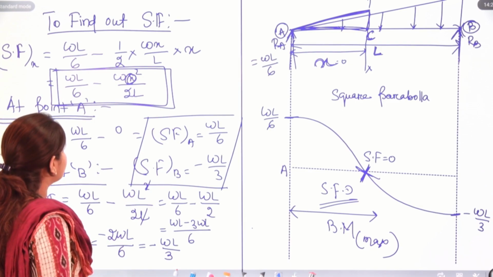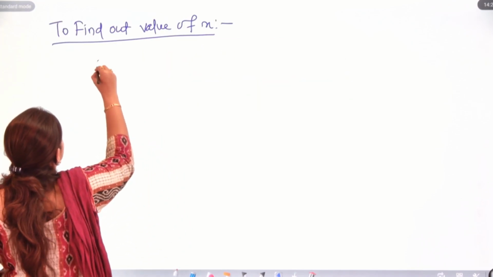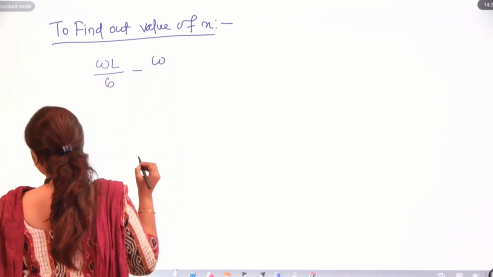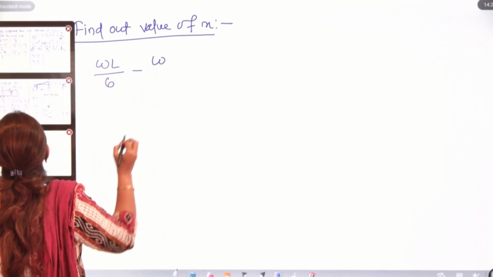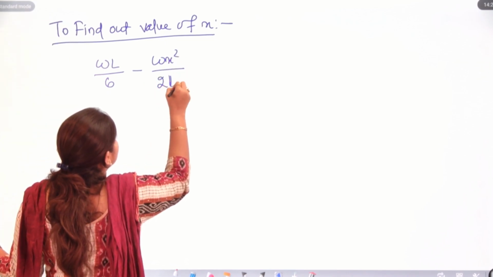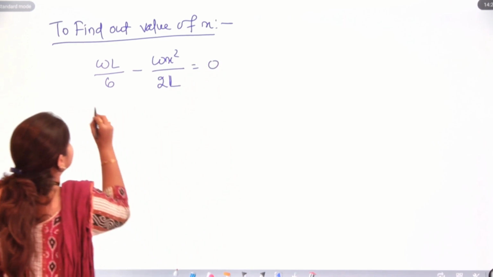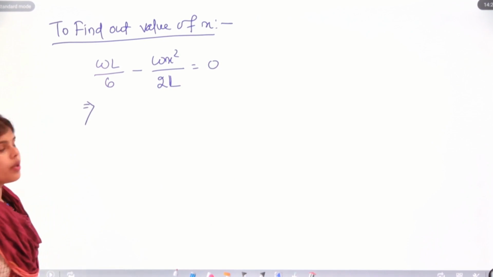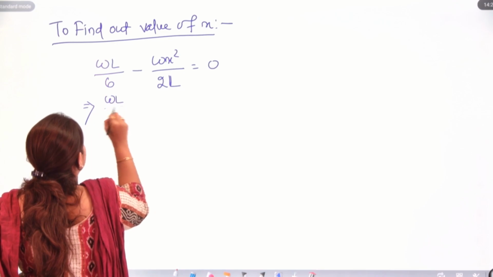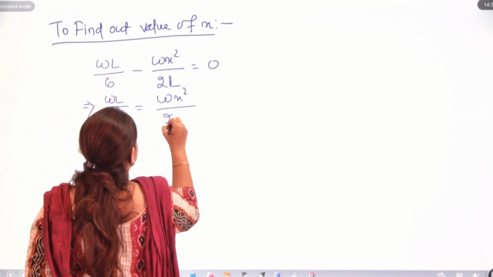WL by 6 minus WX square by 2L. Let's take it as 0, because shear force at that point is 0. So we can write WL by 6 equals WX square by 2L.